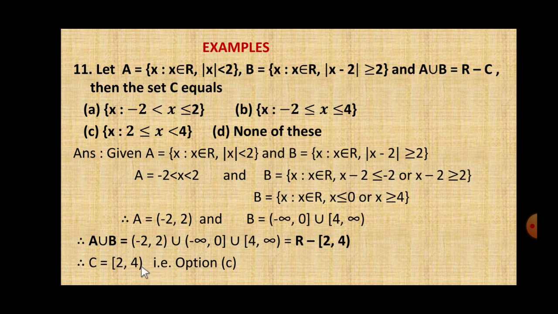If you convert this one in set builder form and compare with these options, here 2 is included, 4 is not included, means here x is greater than or equal to 2 and less than 4, that is option C is the correct answer.